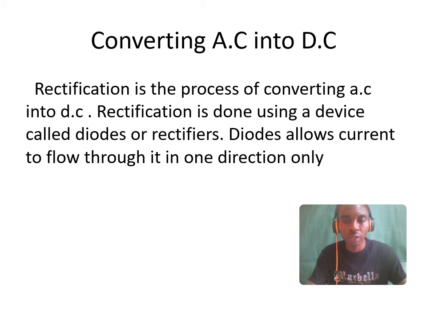When current is alternating, once it comes across a diode, the diode permits the current to flow only in one direction. Therefore, we call a diode a rectifier. The process of converting AC to DC is called rectification.